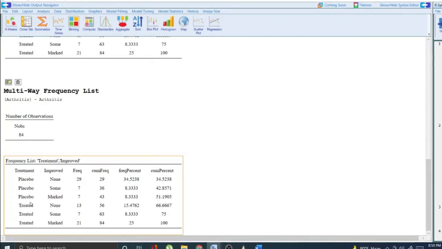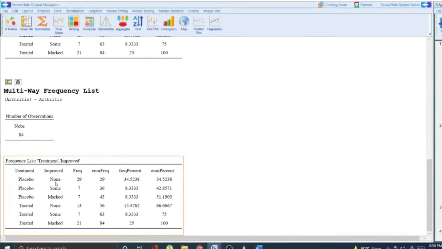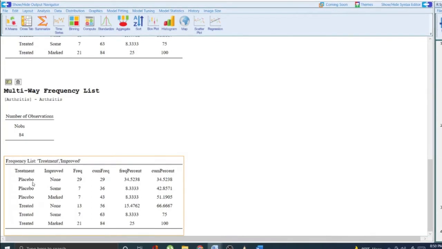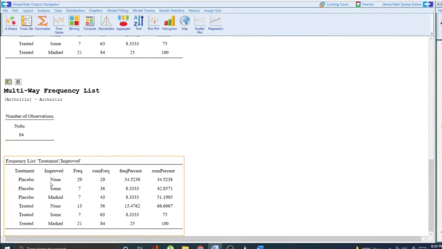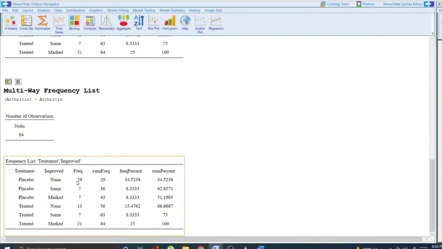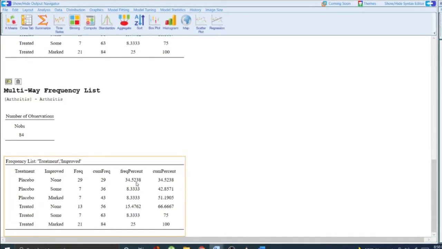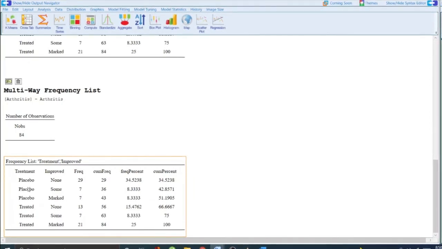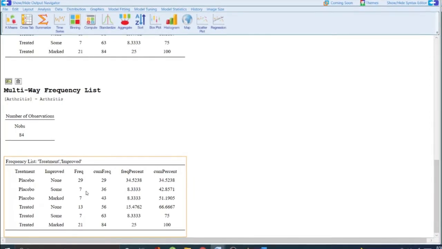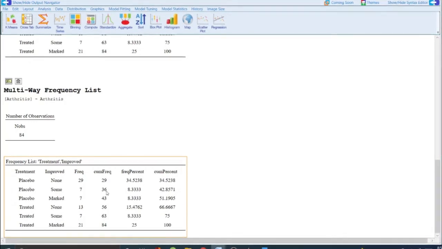Looking at these two groups, the improvement result in the non-tested drug group says none, and that frequency is 29, and the percentage of that frequency is 34%. Then some improvement is 7, with a frequency of 36, which is 8.3%.